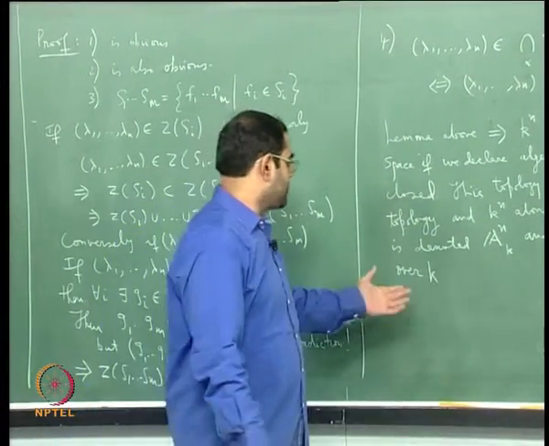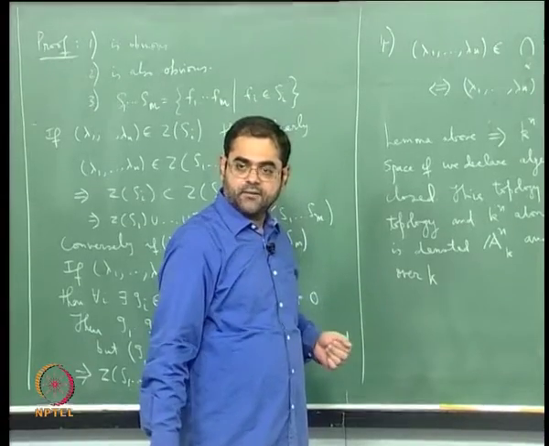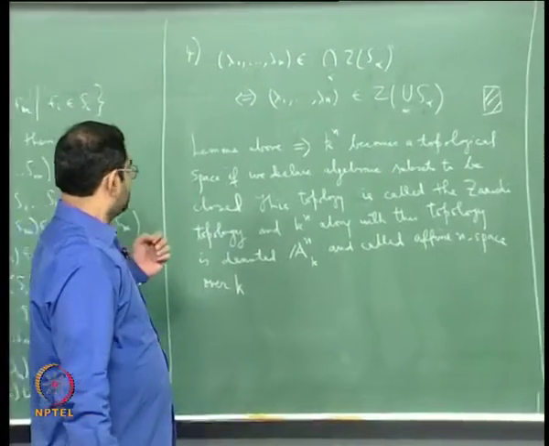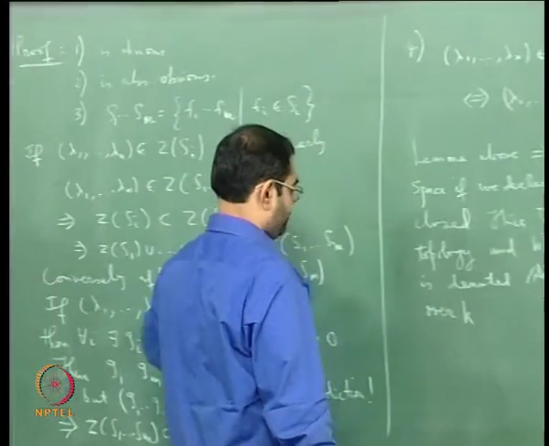Okay, and this is the affine n space over K, right. So things are quite good.